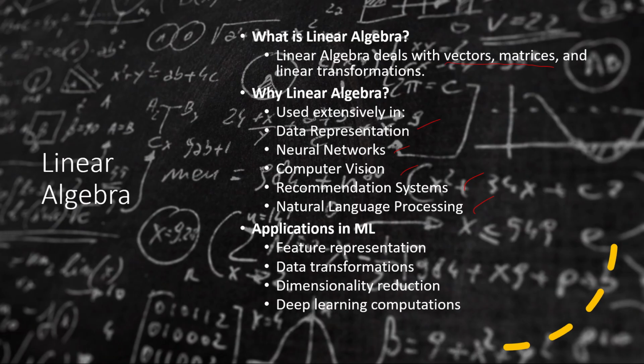First we will see linear algebra. Linear algebra basically deals with vectors, matrices and the like. With the help of linear algebra, you can represent data and use it in neural networks, computer vision, recommendation systems and NLP.